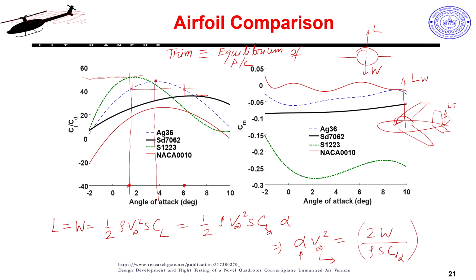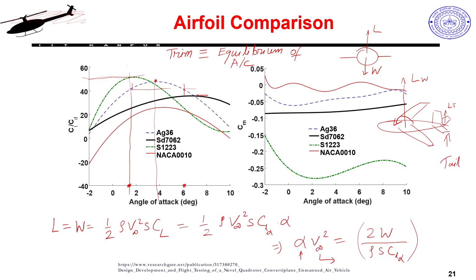How do I compensate for that? That is why you have your horizontal tail. In a conventional configuration I have this horizontal tail at the back, and by deflecting my control surfaces there I can generate a counter moment which would balance this.